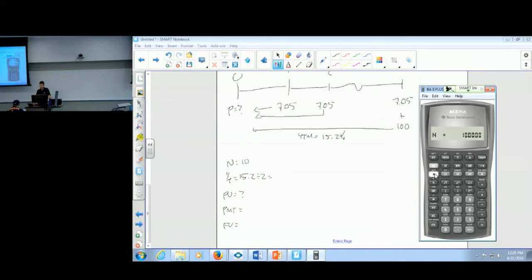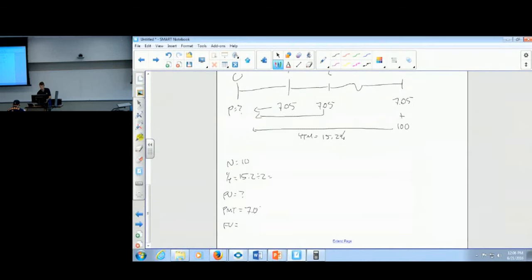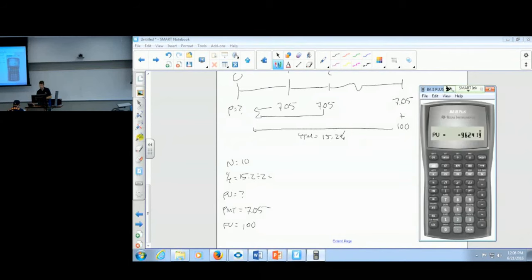Let me check. Recall N is 10. Recall payment, 7.05. Recall future value, 100. I'm good. So I can hit compute present value. Yeah, 96.24.